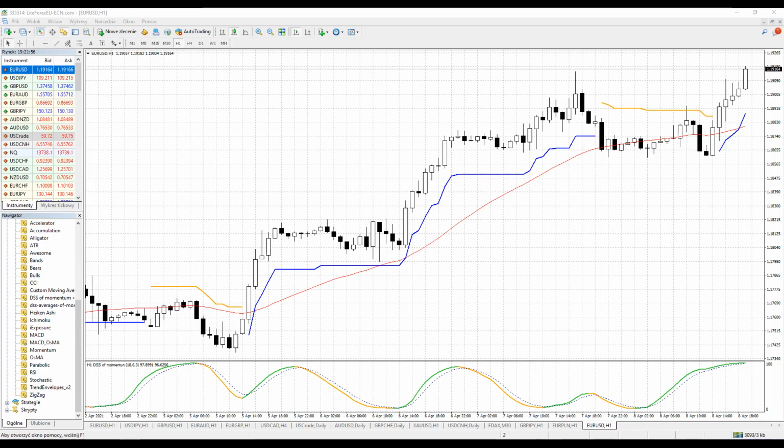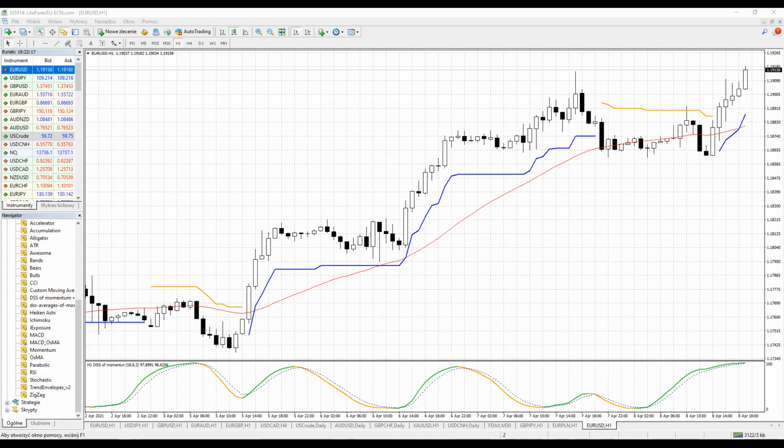I'm talking about the Trend Envelopes version 2, and the DSS of Momentum. The third one, the moving average, is a standard MT4 tool.